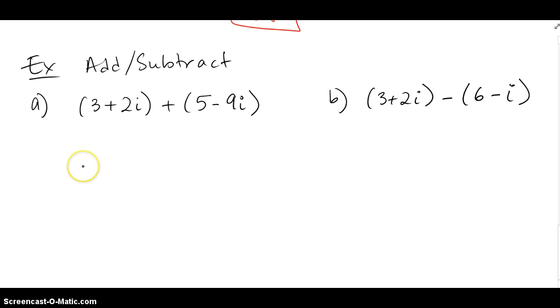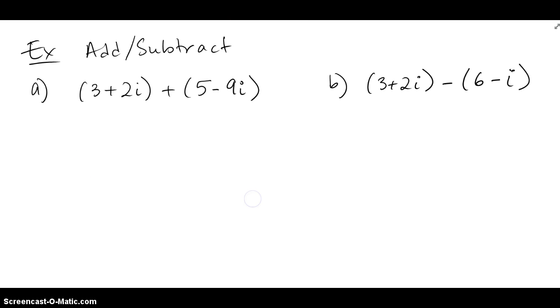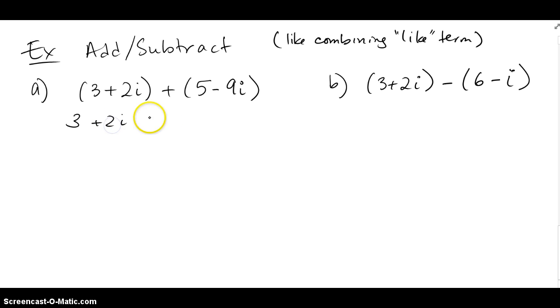Let's add and subtract complex numbers. Adding and subtracting complex numbers is basically like combining like terms. So when I look at this one, I have 3 + 2i + 5 - 9i.